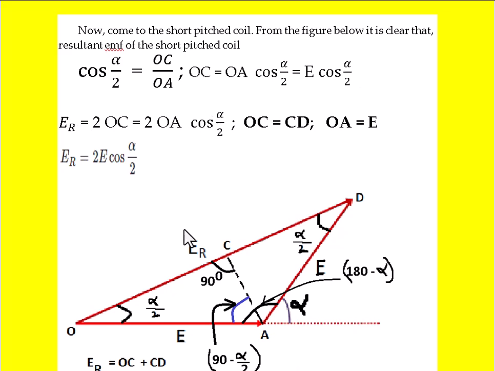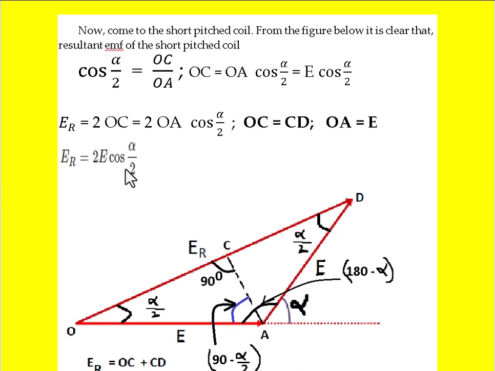Then the ER, that is the resultant voltage, is nothing but equal to OD, which is equal to 2 into OC, that also can be written as 2 into OA cos alpha by 2. And since OC is equal to CD and OA is equal to capital E, substitute this here, keep capital E in place of OA, then we get ER is equal to 2E cos alpha by 2.